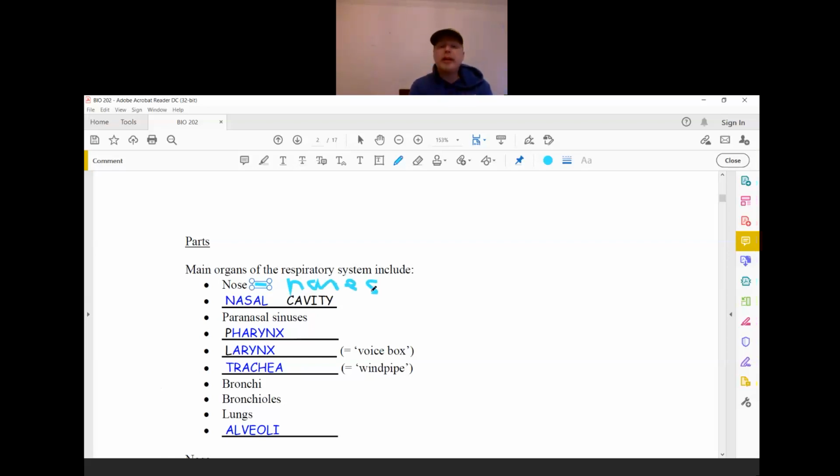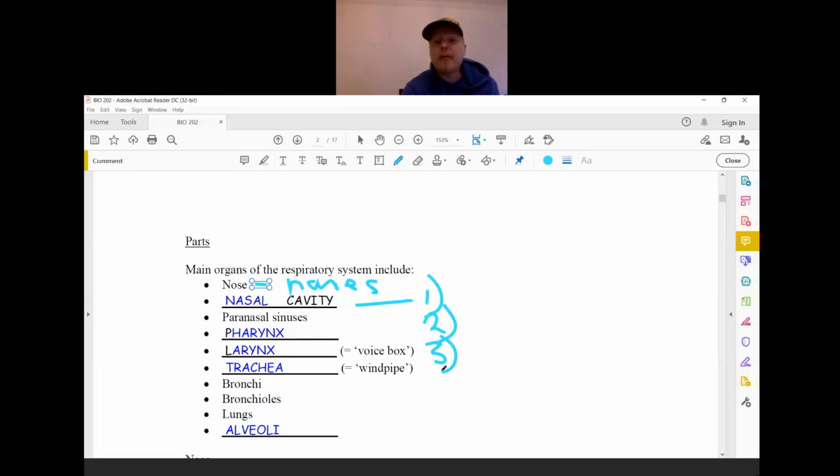So the entryways for the air. We'll talk about the hair within the nose, what function it plays. Then we'll move on to look at the nasal cavity. The nasal cavity as well has three important functions, and we'll list those in more detail.